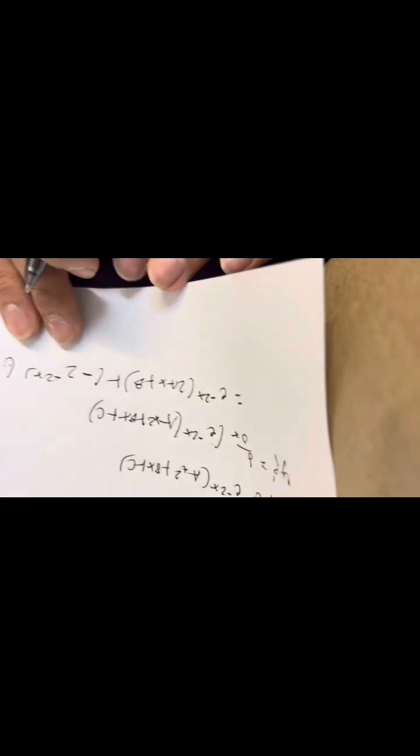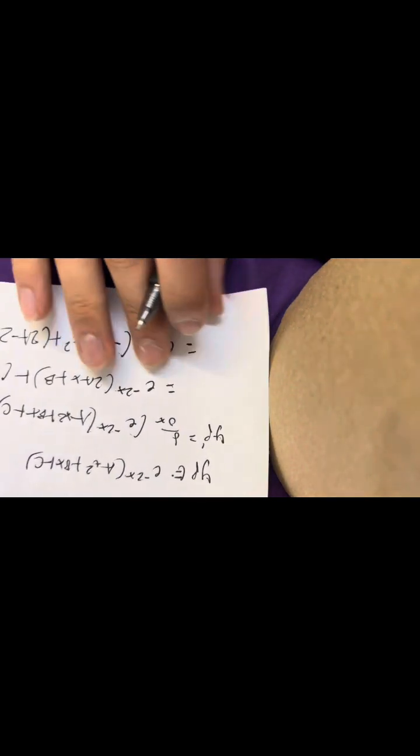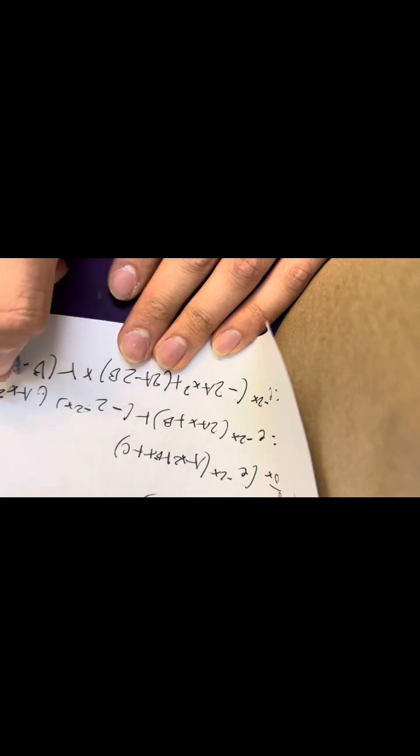Kind of hard to fit it all in. Then from there that is going to equal e to the negative 2x, negative 2ax squared plus 2a minus 2b x plus b minus 2c. Then we're going to get the second derivative using the product rule.